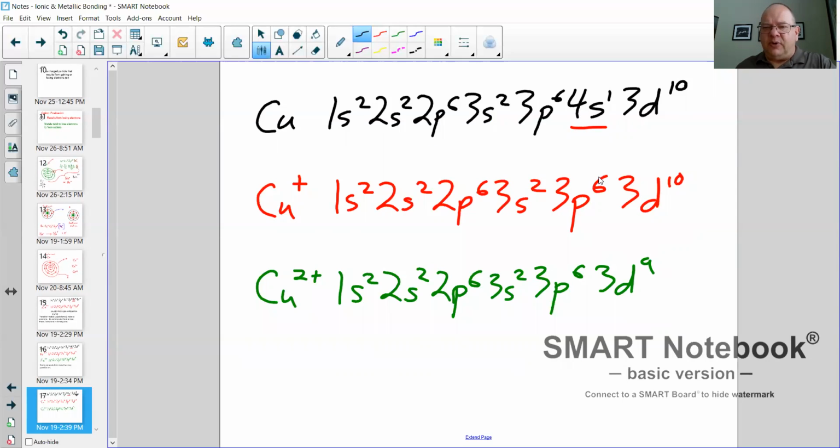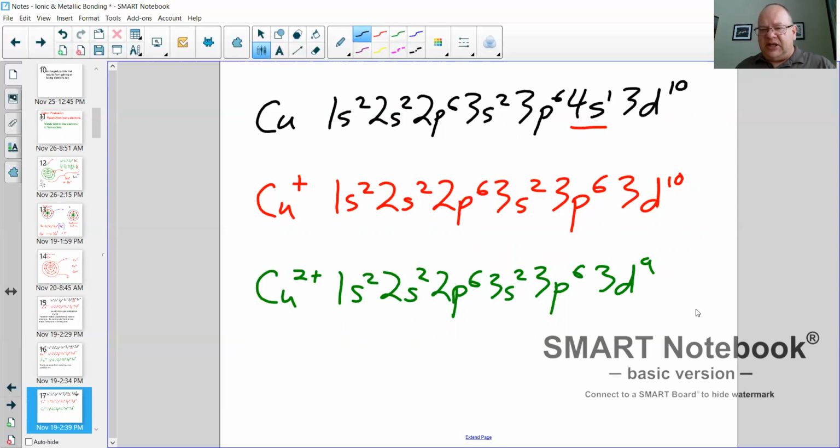Now, copper also quite commonly loses 2 electrons. And to explain the 2 electrons, I guess I'd have to go back to saying, what if we imagine the regular Aufbau principle where it would have had 4s2, 3d9, and then it would lose those 2 s electrons and end up like this.